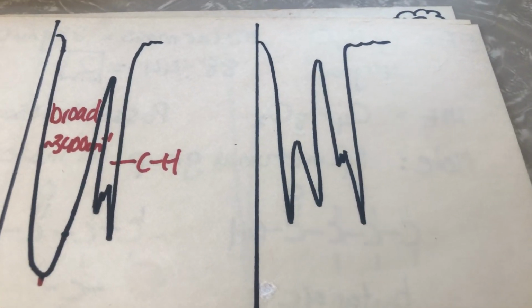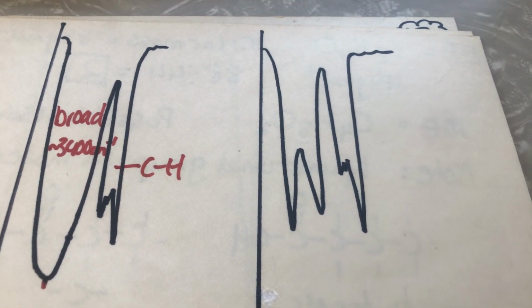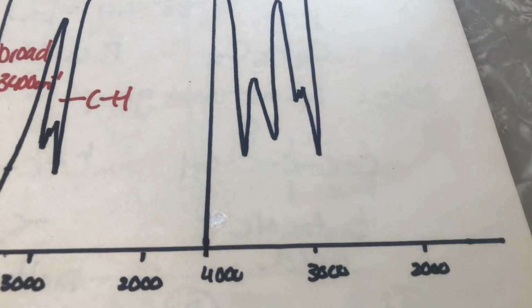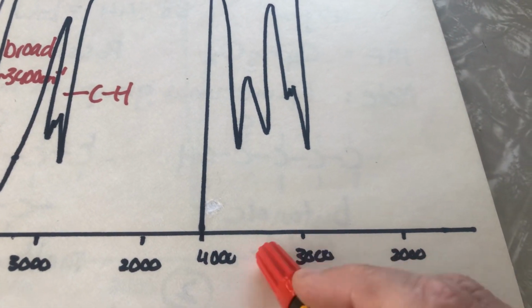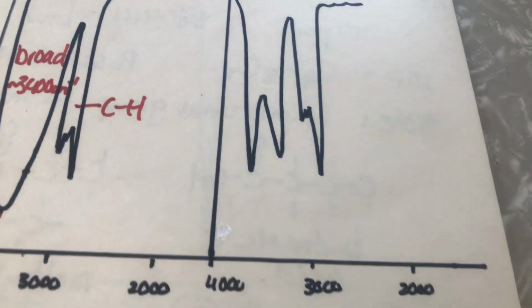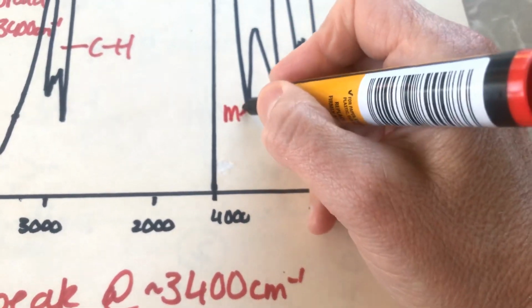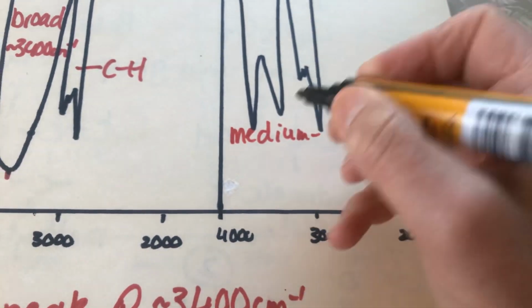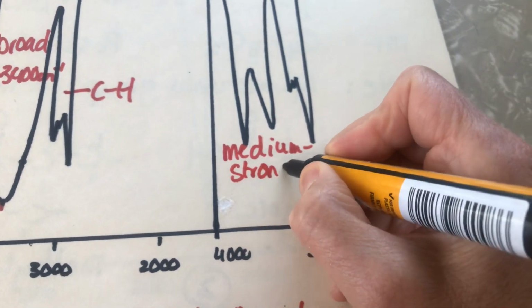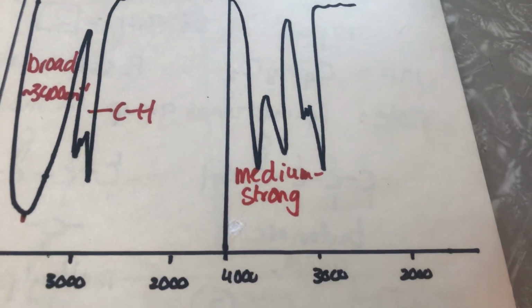Quick sneaky look, because these aren't quite so common, but while we're in that area of the spectra, so again we're up around between 3,000 and 4,000, look for this. This can be medium, it can be strong, so this one is probably hard to tell, so we'll go medium to strong.